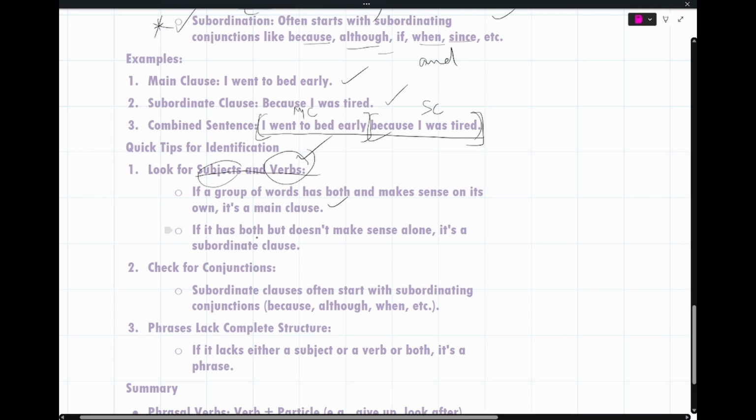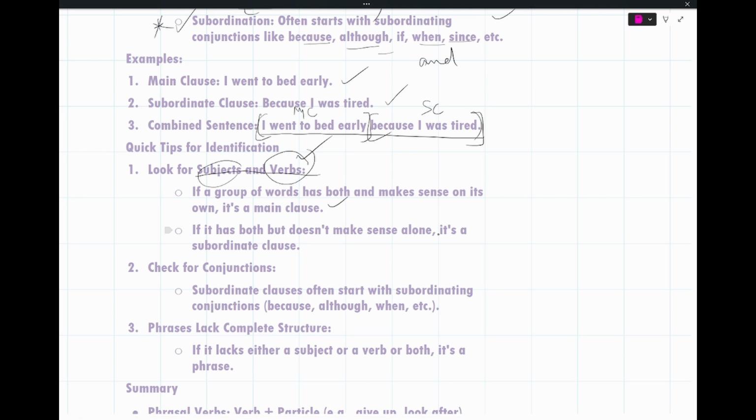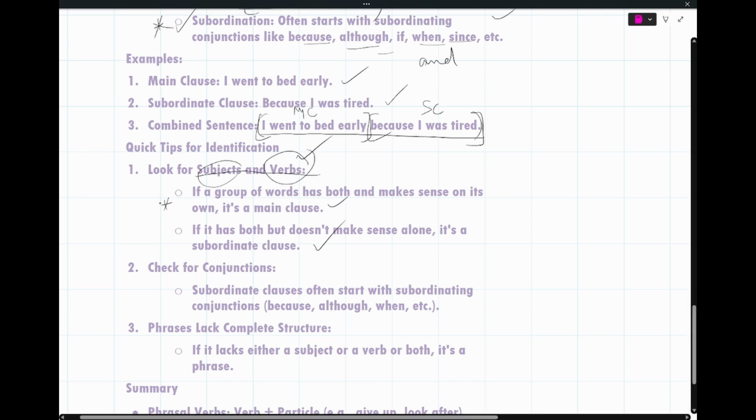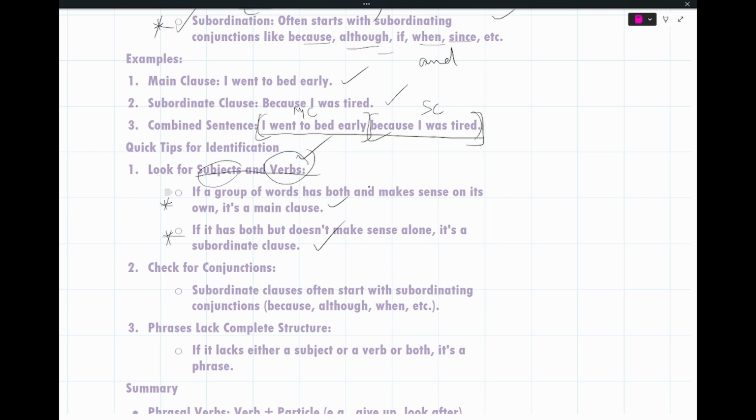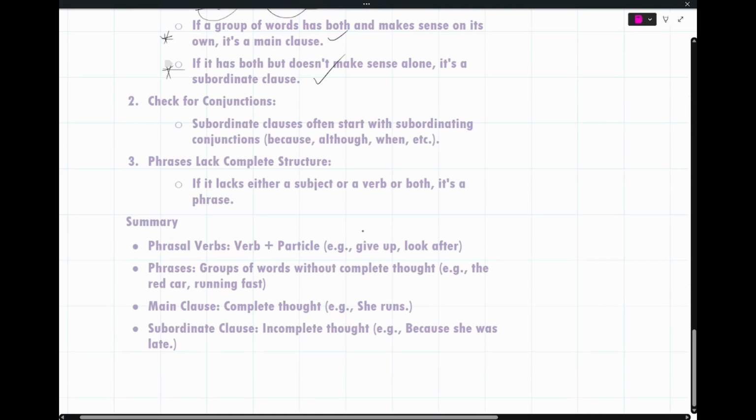And if it does have both, but it doesn't make any sense, then it's a subordinate clause. So this is also one important key for you to keep in mind while you are solving the questions in the exam. And do try to make notes, do try to write this part, because these key points are where you will score.